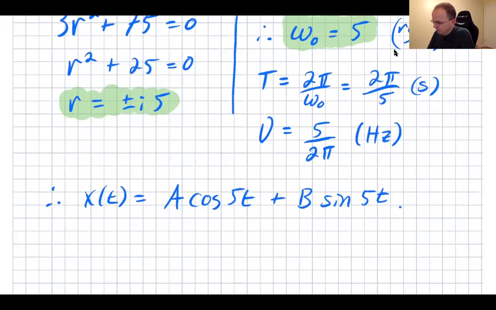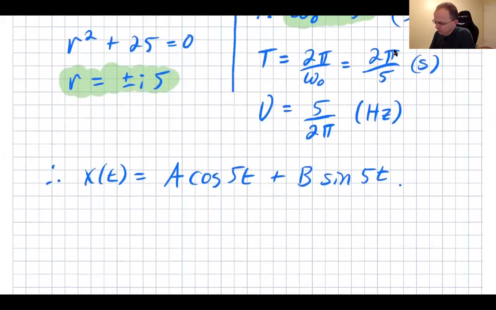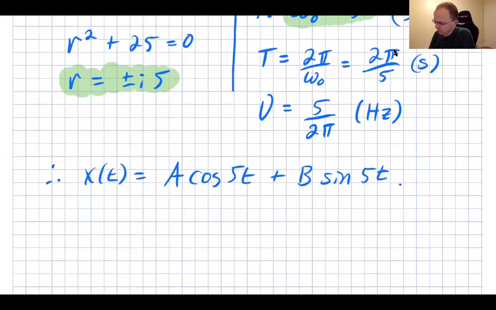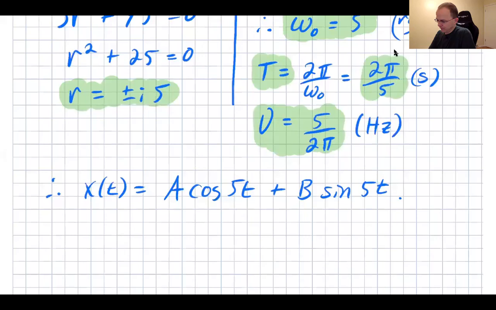Maybe it'll be good to figure those out approximately, but those are the exact answers. So let's highlight those: T is equal to this, and the frequency is given by this.